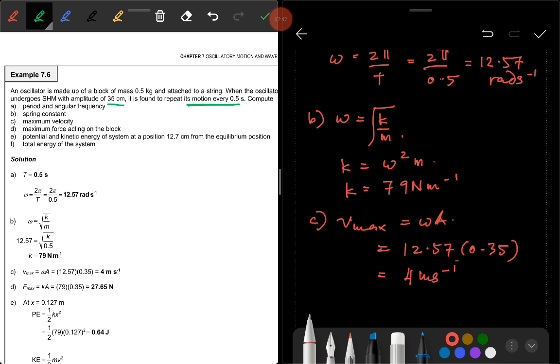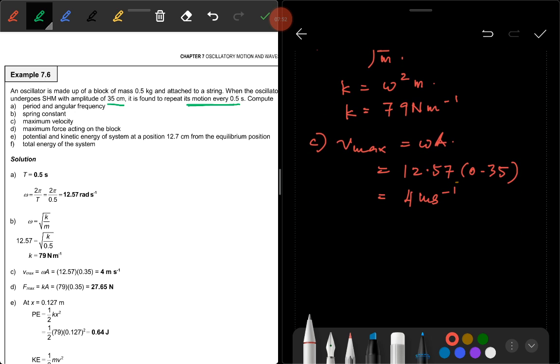Then the maximum force acting on the block. Remember Hooke's law, F is equal to kx. Again I repeat, it is optional if you want to write a negative or positive sign. The negative means the displacement is always opposite the direction of F. Now I write in the positive form, F is equal to kx.